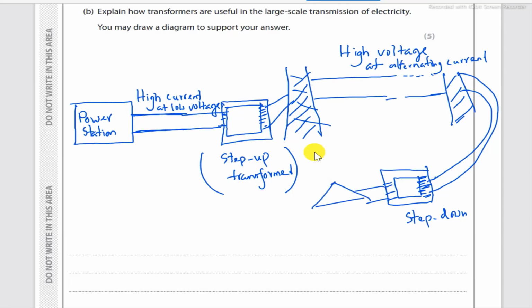This is a consumer unit. Step-down transformer: low voltage at high current, alternating current.